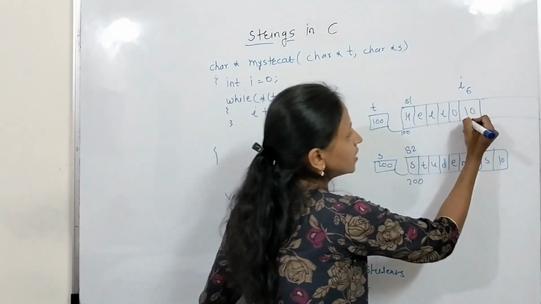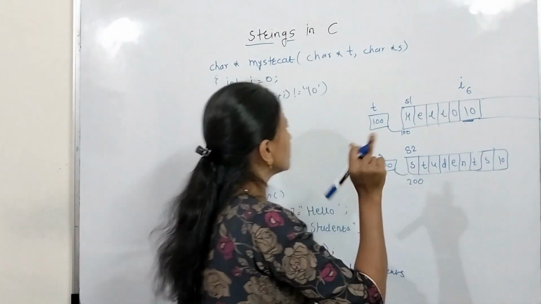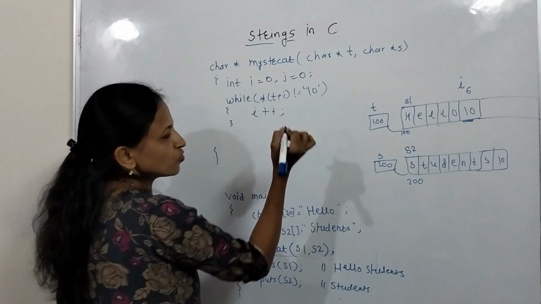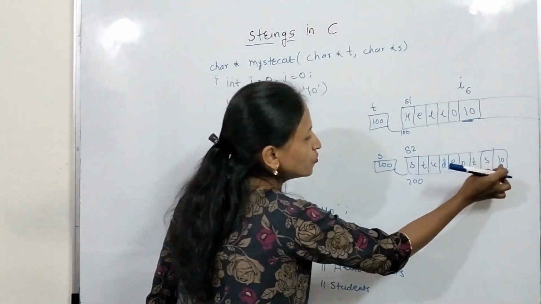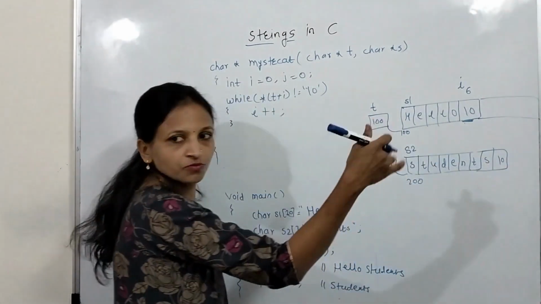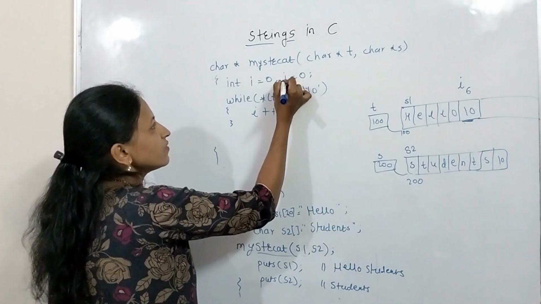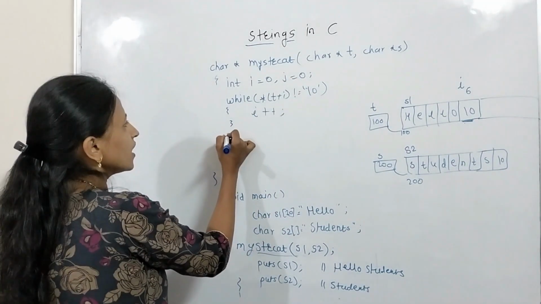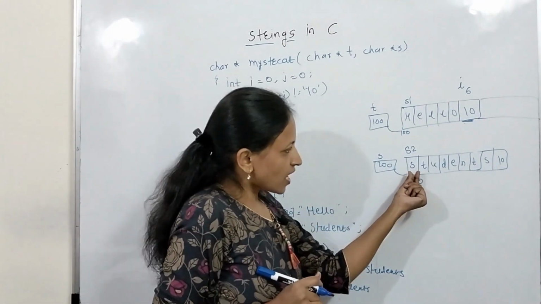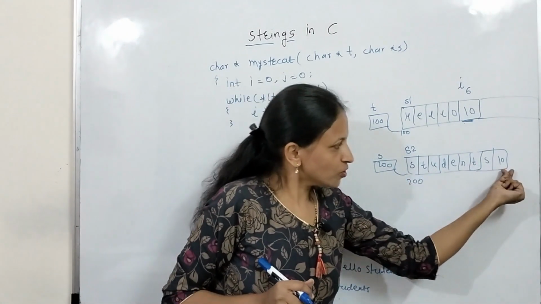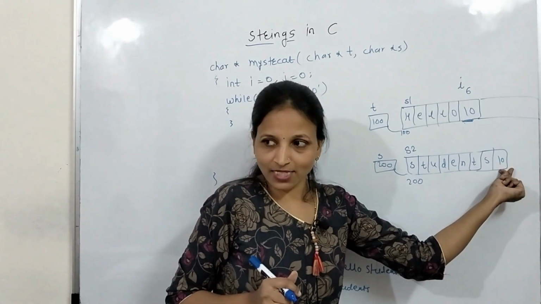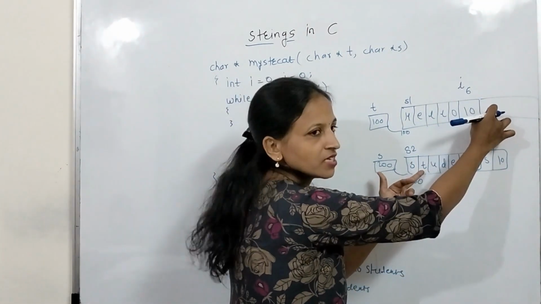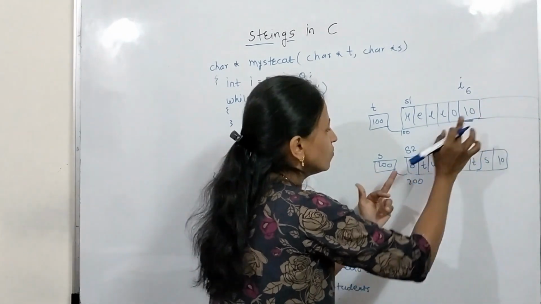Now here I want to copy this. For that we will take one more counter, j equals 0, because from here we have to move from this position forward. Now we will take one j variable, j counter. Now what should be done here? See, again I will start from this and go up to this character till I am not getting '\0'. We have to copy this content here, then this content here. Getting? Now what should be done?